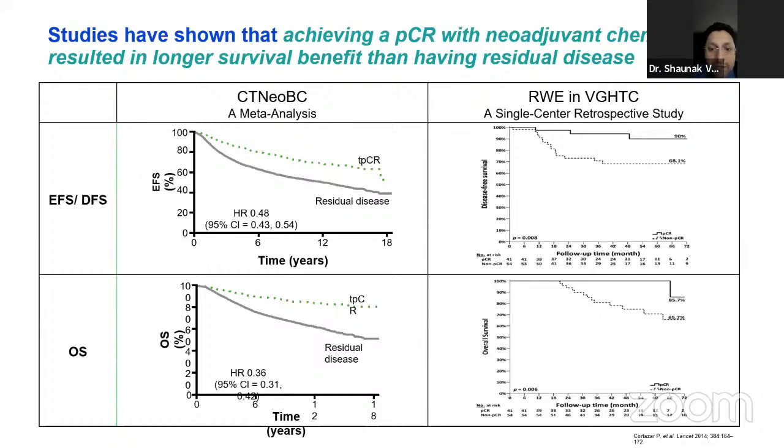So for our patients, we must do all that we can to try and give preoperative therapy to attain a pCR. Secondly, we know that the survival benefit of pCR has a hazard ratio of 0.48 as per the CTNeoBC analysis, and it translated into an OS hazard ratio of 0.36. Next slide.